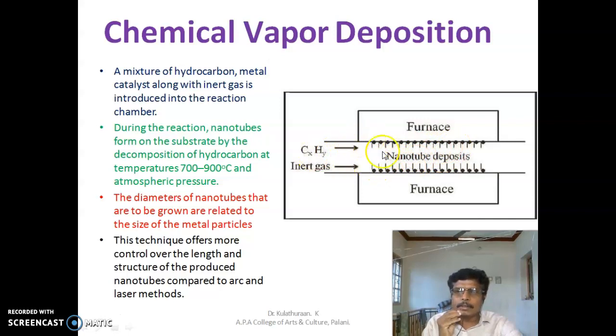During the reaction, nanotubes form on the substrate by the decomposition of hydrocarbon at temperatures of 700 to 900 degrees Celsius and atmospheric pressure. The diameter of the nanotubes that are grown is related to the size of the metal particles. This technique offers more control over the length and structure of the produced nanotubes compared to arc and laser methods.